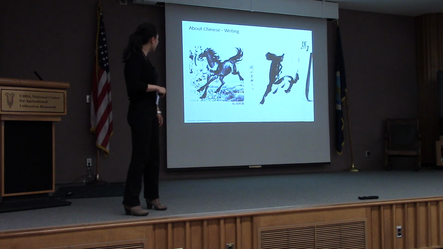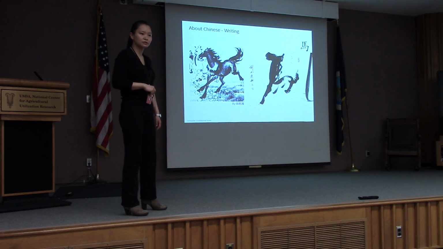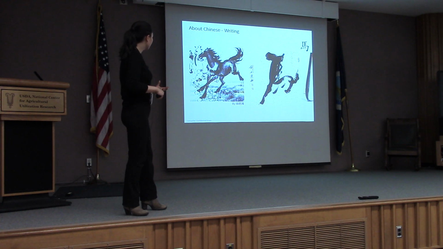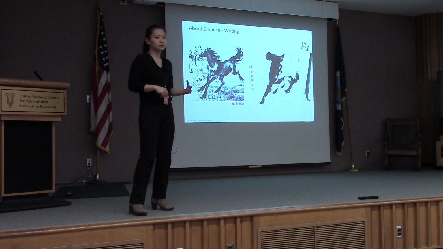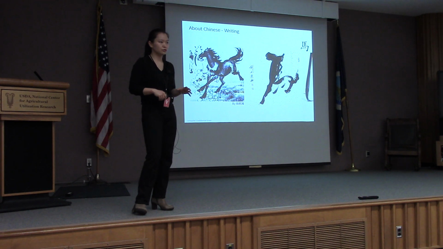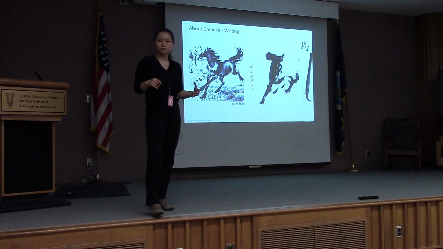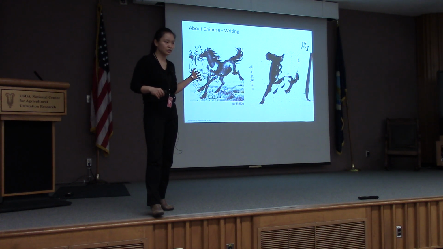So we talked about how to write and read some of the Chinese characters. I want to talk about how we speak in a different way and why these differences exist. Before I get there, I want to go back to 2,000 years ago, when the first dynasty, the first emperor, unified or standardized the Chinese character.